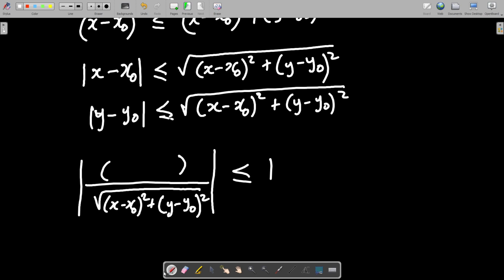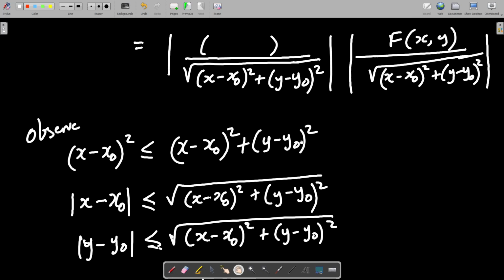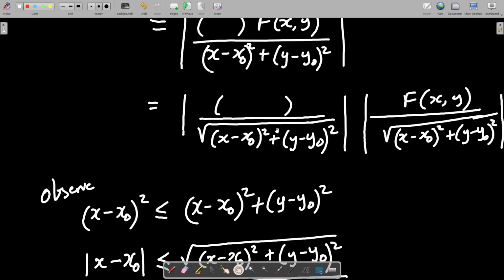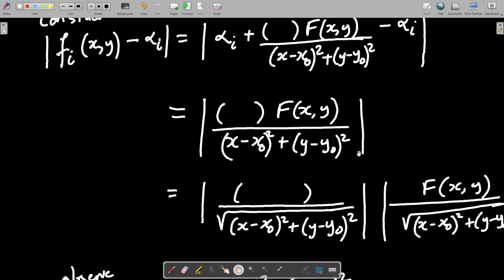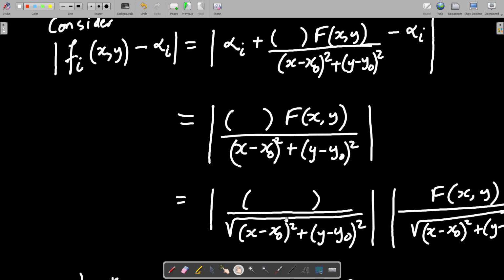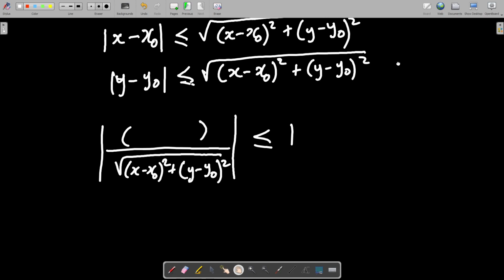So having said that, what do we finally conclude? This term is less than 1. So I can replace this with less than 1, and finally I'll get that modulus of f(x, y) minus alpha is less than or equal to this term. So let us write down.